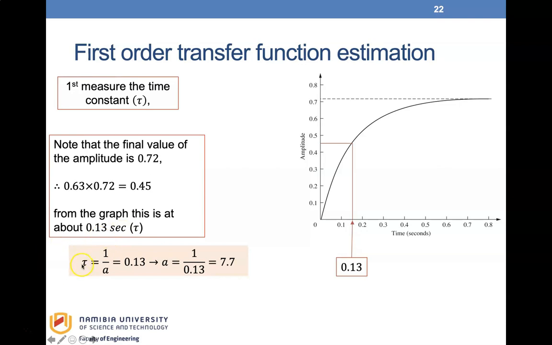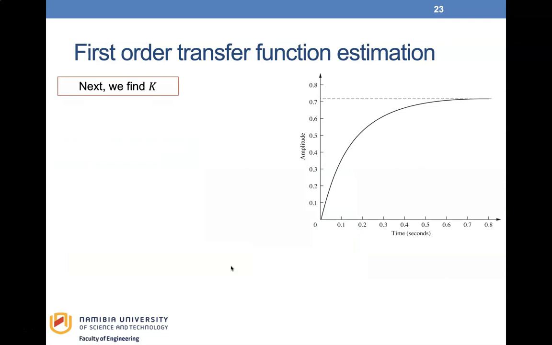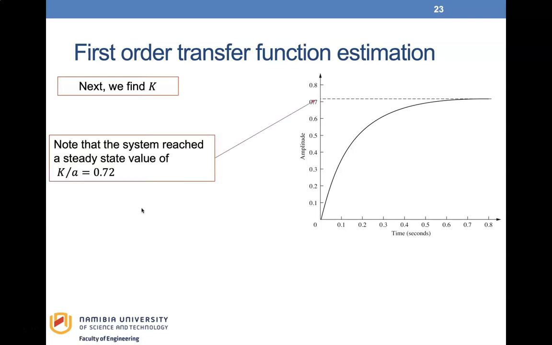So we know that tau is 1 over A, which is equal to 0.13. We have measured this, and we now say that therefore A is equal to 1 over 0.13, which is 7.7. Next, we want to find K, because we said the first order system is K over S plus A. Note that the system reached a steady state value of K over A at 0.72.